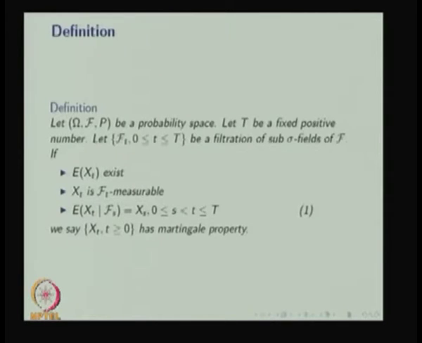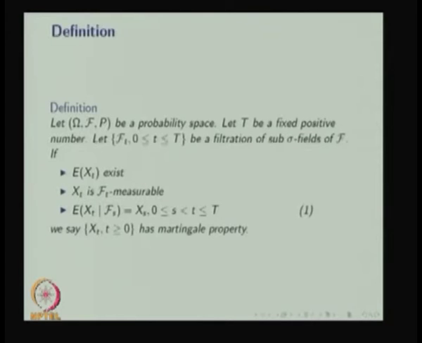And if that property is satisfied for all s and t in the interval 0 ≤ s < t ≤ capital T, then we say the collection of random variables X_t, or the stochastic process X_t, has the Martingale property.